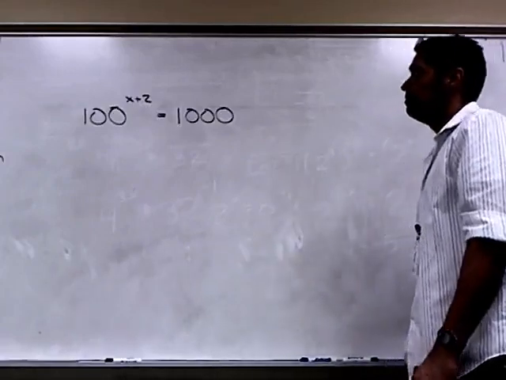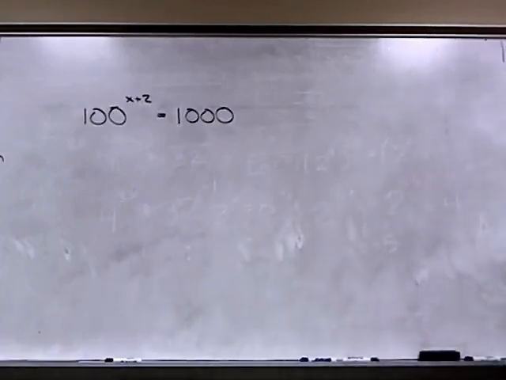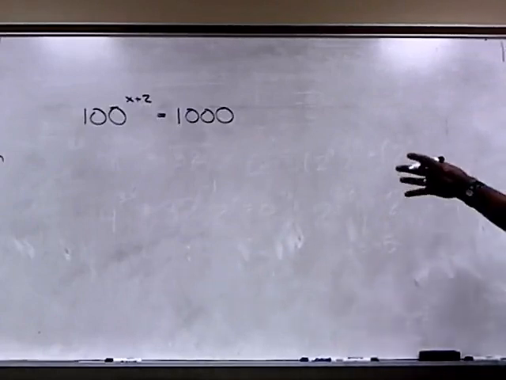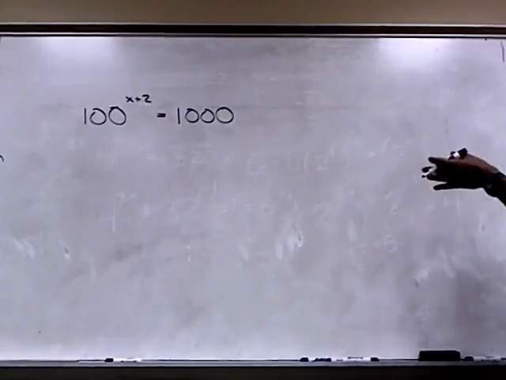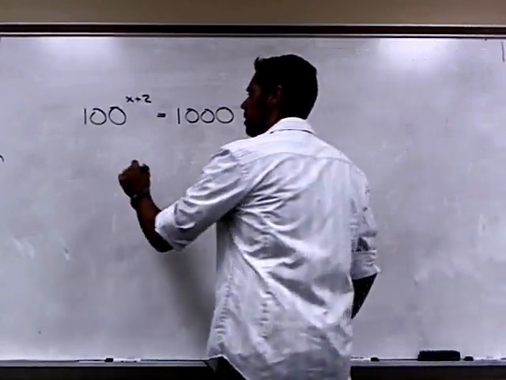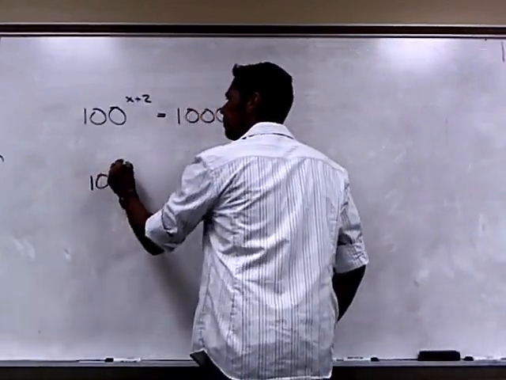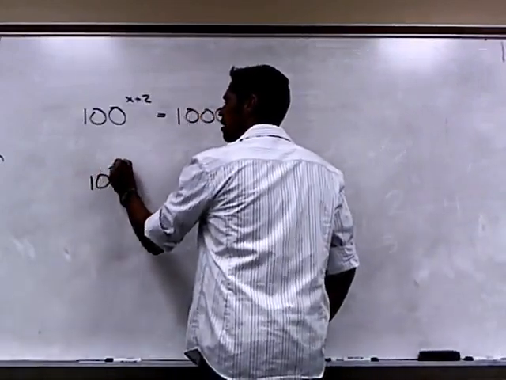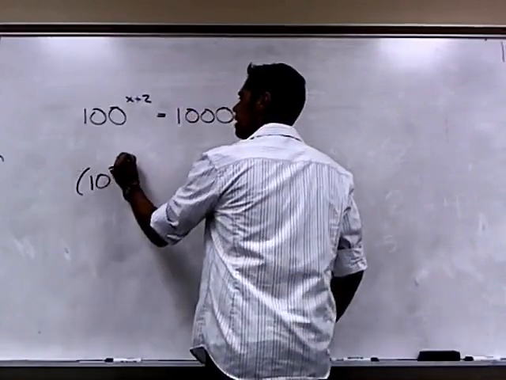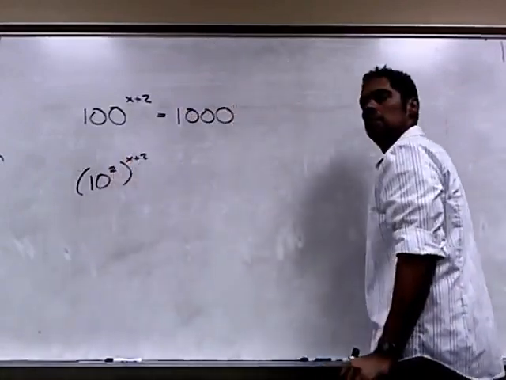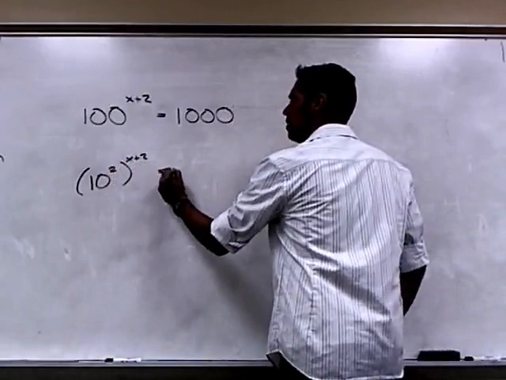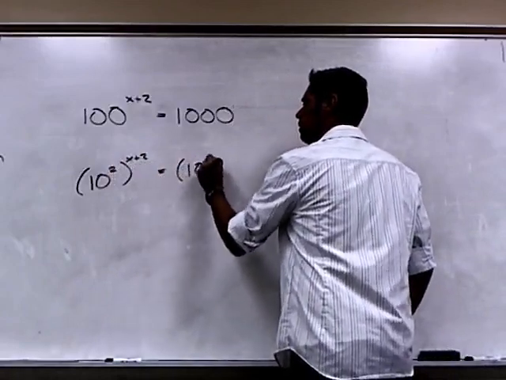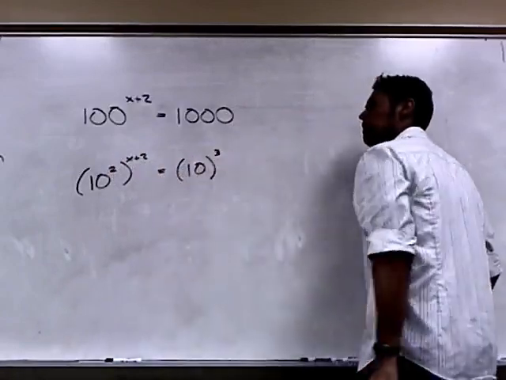Any ideas? They're both base 10, right? 100 is base 10, 1,000 is base 10. So I can rewrite this as 10 what? Squared, and then all of that to the x plus 2, right? The other side, 1,000 is 10 to what power? 3.